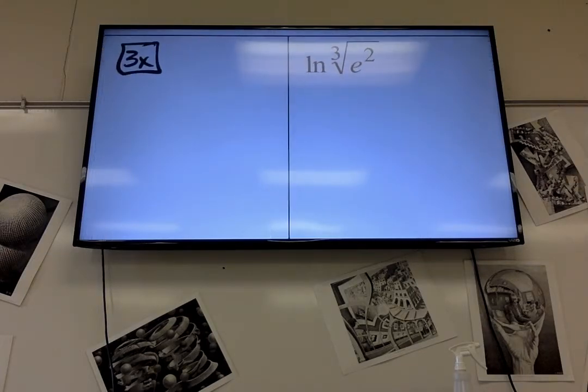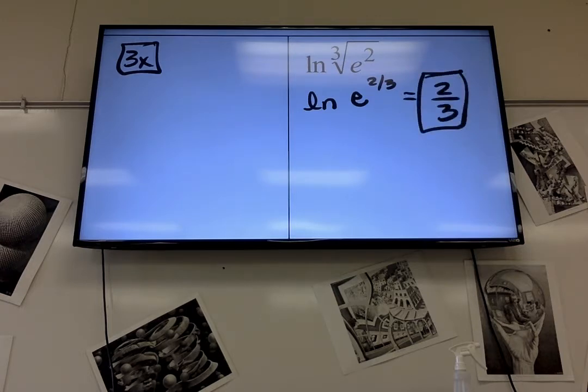This one, I would want to rewrite it as e to the what? Very good. And whatever the exponent is, the power, so the 2 is the top number. And then it's a cubed root, whatever the root is, the bottom number. So what's your answer? 2/3.